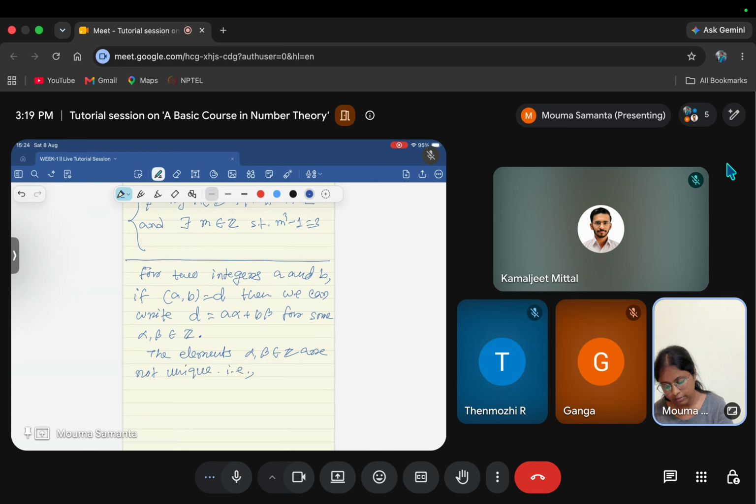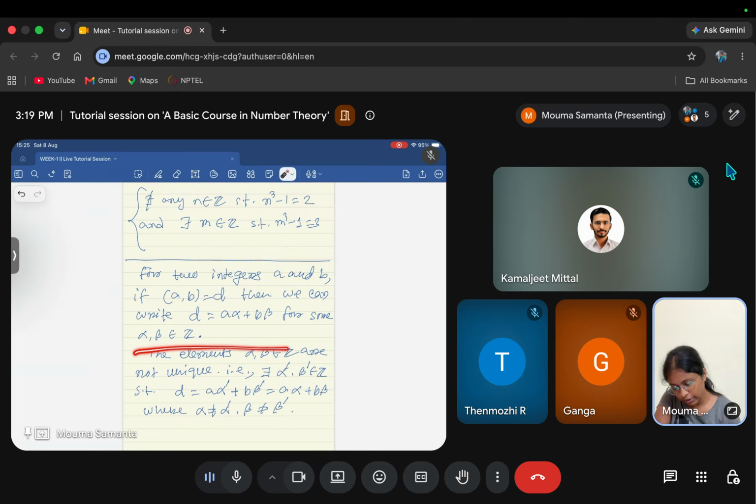That is, there exist alpha prime, beta prime belonging to Z such that d equals a alpha prime plus b beta prime equals a alpha plus b beta, with alpha not equal to alpha prime and beta not equal to beta prime. So this is the statement we want to prove.